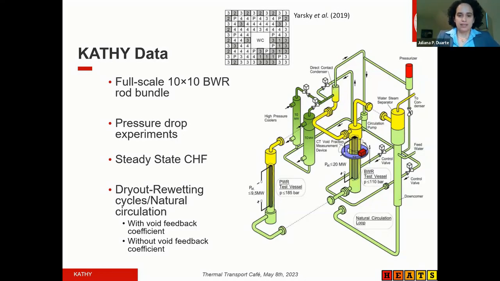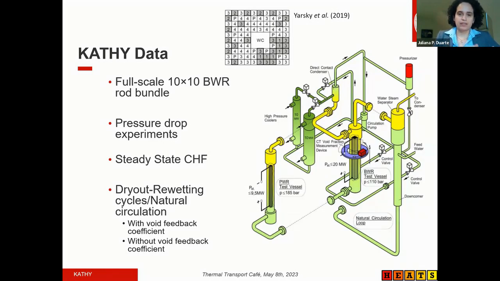We did the steady state CHF, so we could identify which would be the best correlation to predict critical flux at this facility. And then they performed natural circulation, dryout, and rewetting cycle experiments with and without the void fraction feedback mechanism.